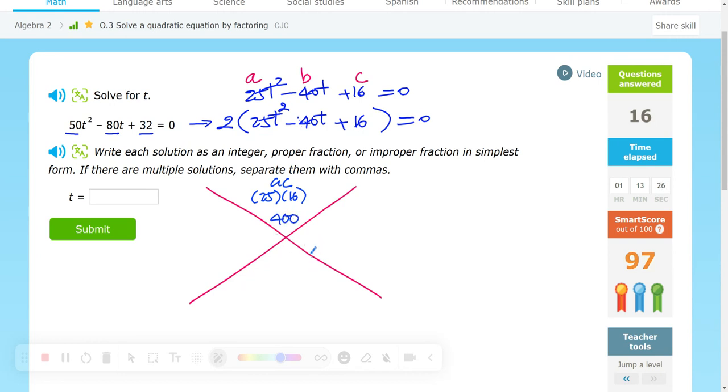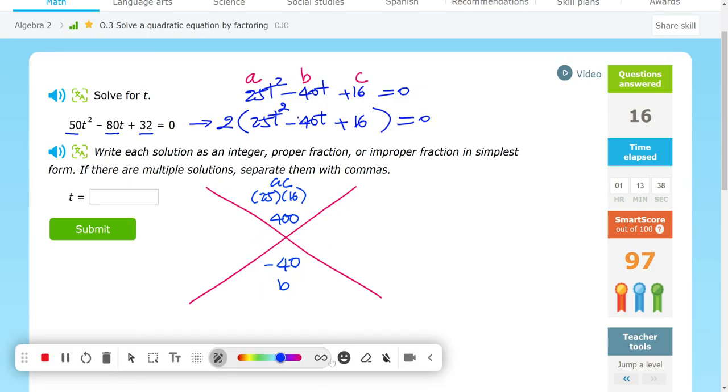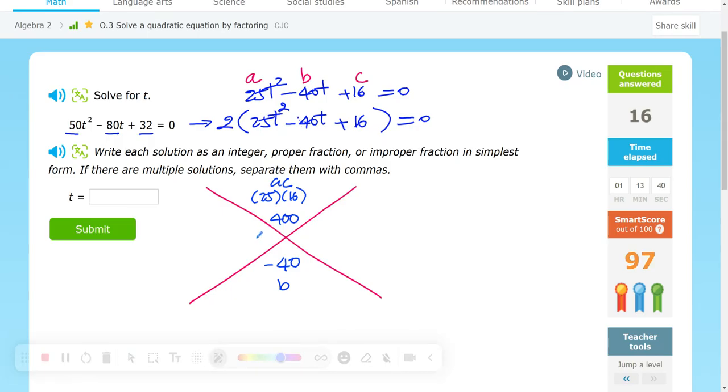Beautiful. And then B is negative 40. Can you find two numbers that multiply to equal 400 and add together to equal negative 40? It has to be negative 20 and negative 20. Very easy, you guys.